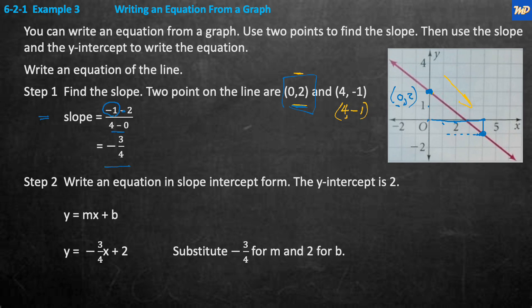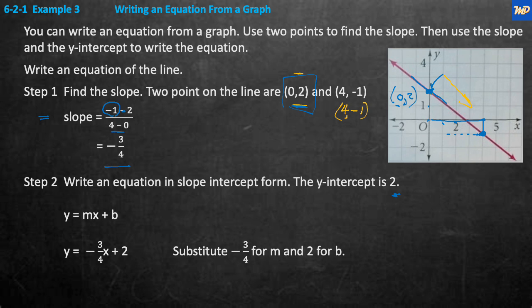Now that we have the slope, we can write the equation. Finding the y-intercept, well, we know the y-intercept; we picked it from the very beginning. Step 2: write an equation in slope-intercept form. The y-intercept is 2, where the line crosses the y-axis right there.